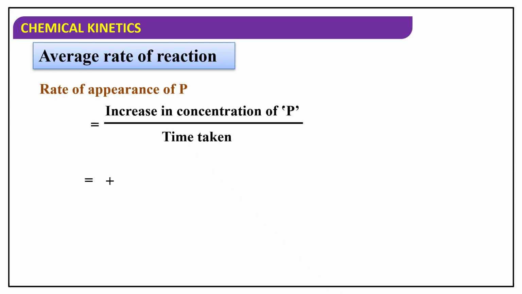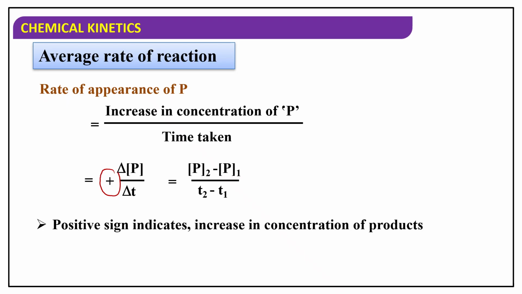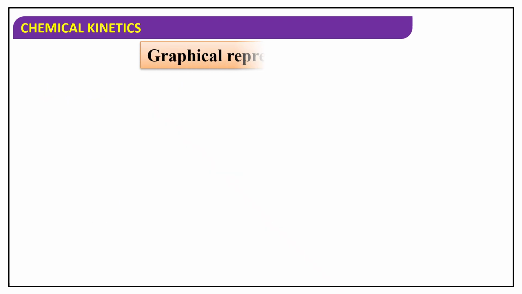Due to increase we take a positive sign. So it is delta P divided by delta T, which equals (P2 minus P1) by (T2 minus T1). We must always remember that the rate of any reaction is the same whether we calculate it in terms of reactant or product. The positive sign indicates the increase in concentration of product.